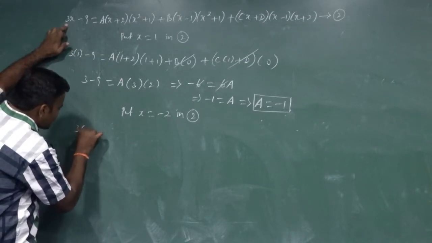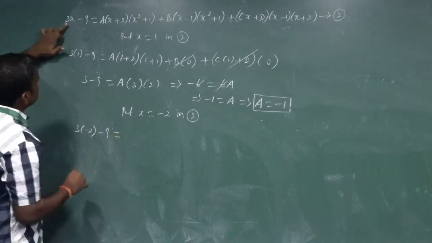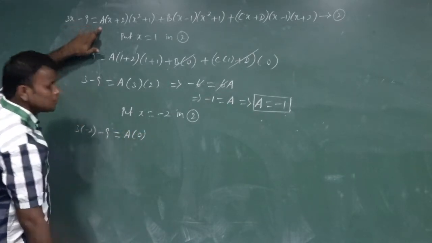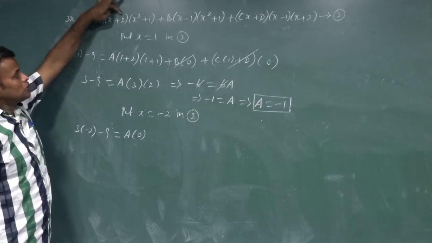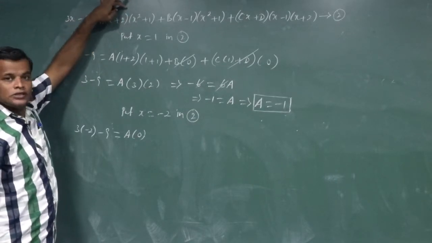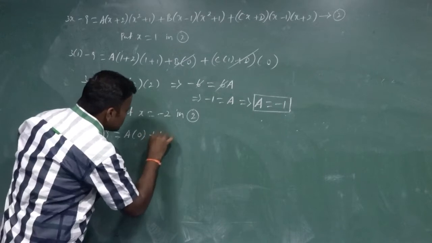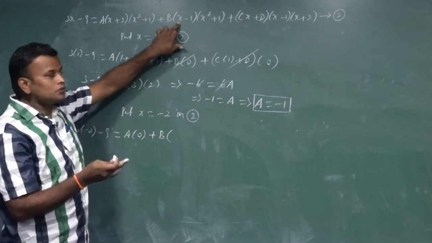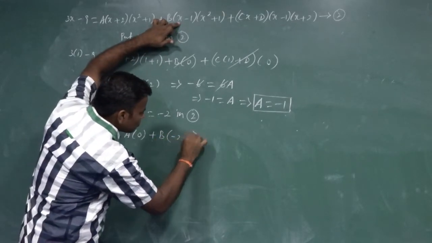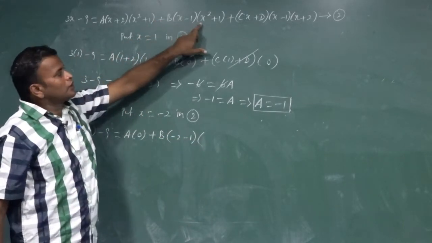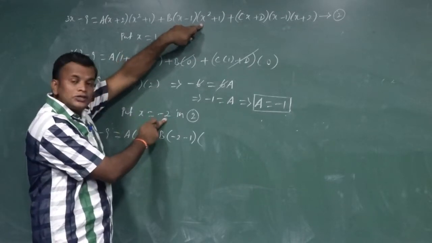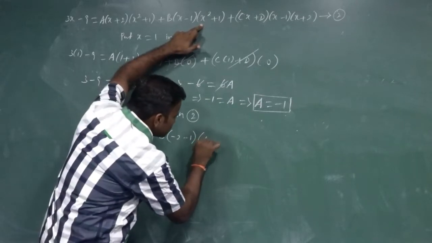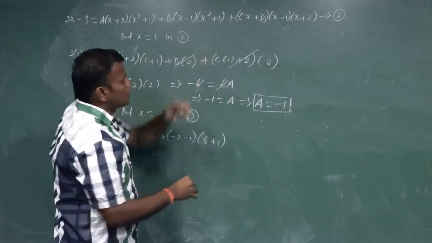So 3 of minus 2 minus 9 is equal to a of, just I write 0, minus 2 plus 2 is 0, and 0 with anything is always 0. Plus b of, this value is possible. The value of x is minus 2, so minus 2 minus 1. X square, the value of x is minus 2, minus 2 the whole square is 4, plus 1.